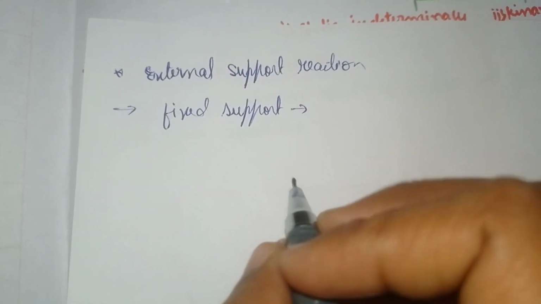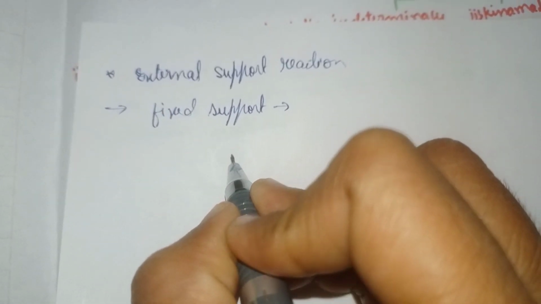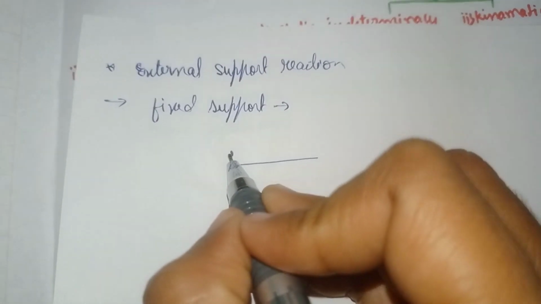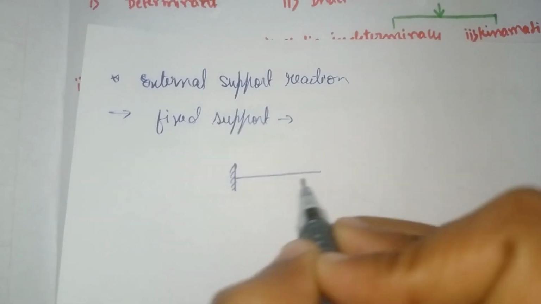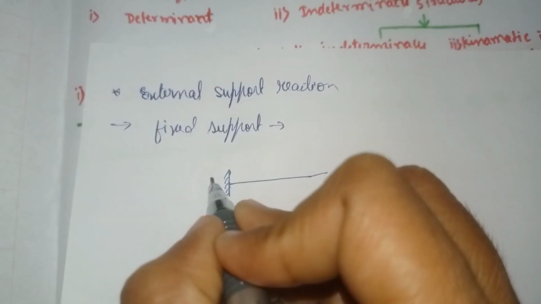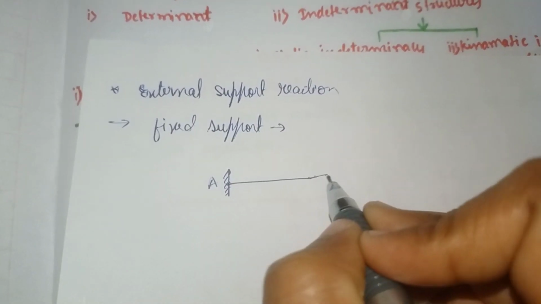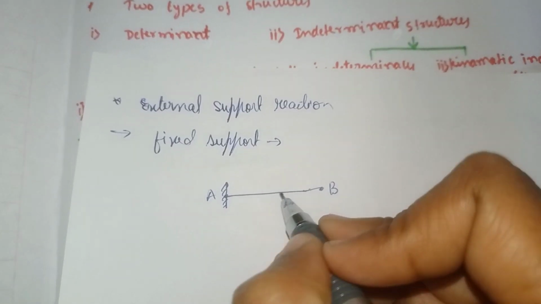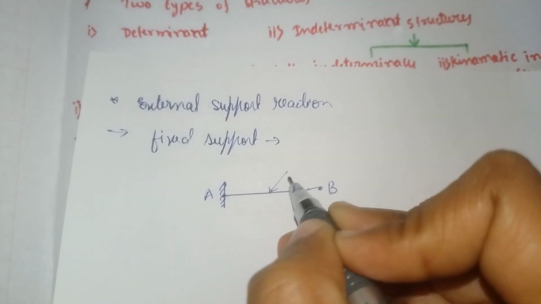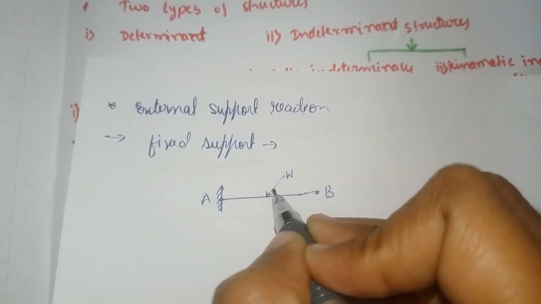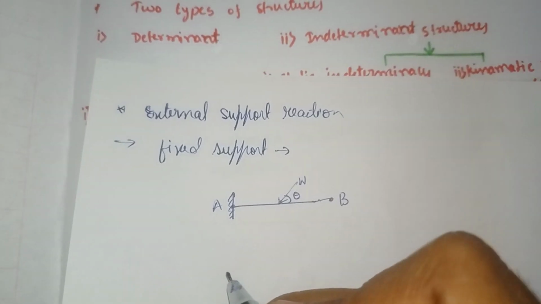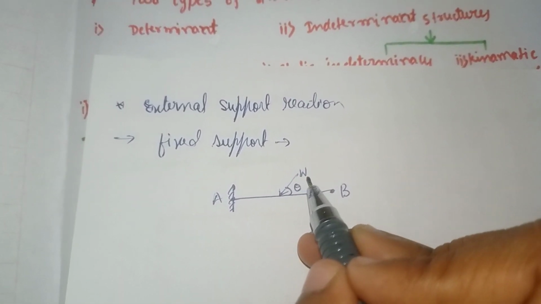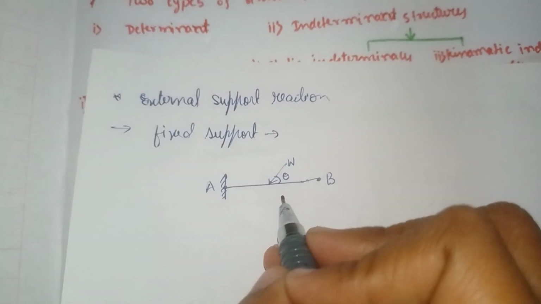For fixed support, as an example I am taking a beam. Let's assume it's a cantilever beam, with point A and point B. I am applying a load W at any point, at an angle theta. When I apply the load, the deflection will come like this.